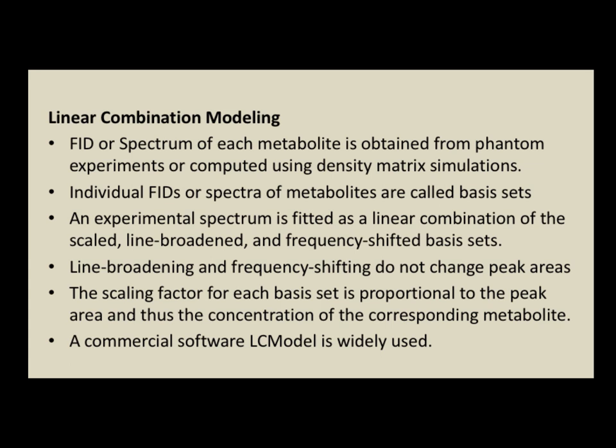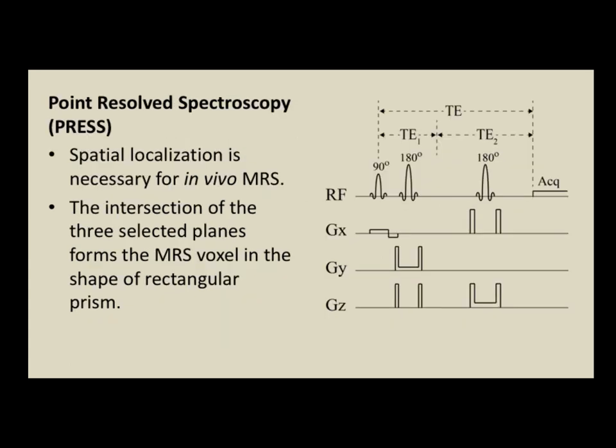So this is a powerful technique because when your peaks are overlapped in some region, they may not overlap in another place. This is why it can help in quantifying the metabolite concentration.